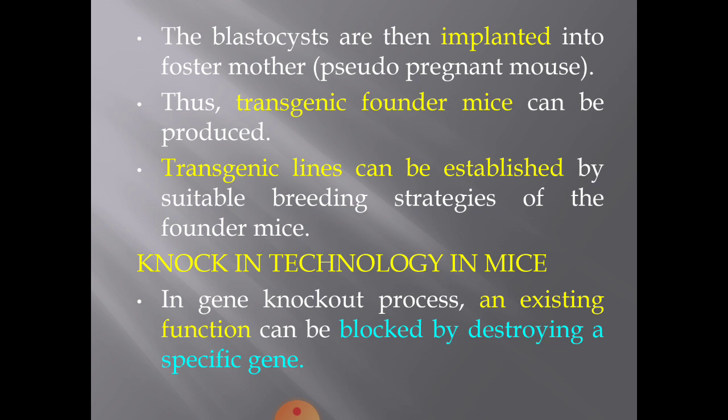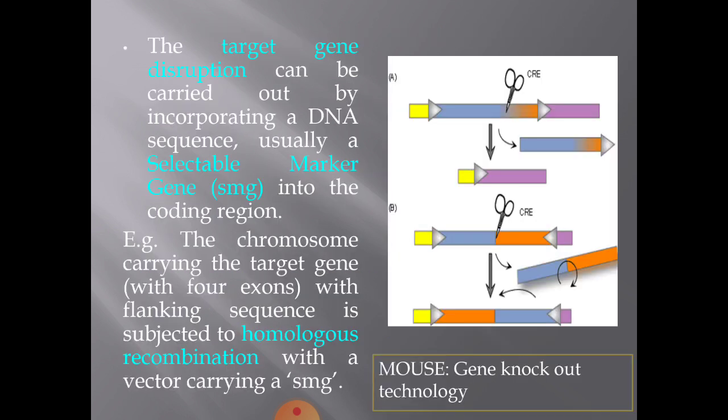In this gene knockout process, an existing function can be blocked by destroying a specific gene. The target gene disruption can be carried out by incorporating a DNA sequence, namely a selectable marker gene, SMG, into the coding region.